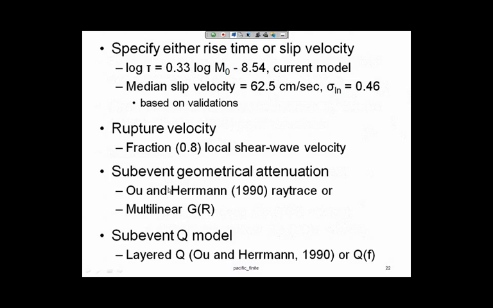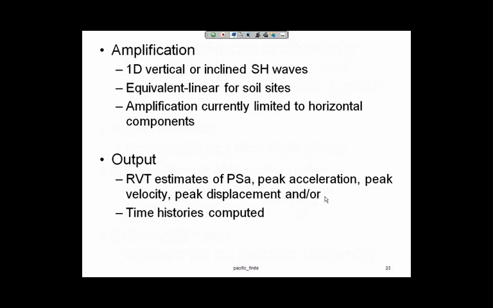Geometric spreading and attenuation use Atkinson and Hermann's, and for sub-events they use layered Q or frequency-dependent Q. The geometric spreading is from ray tracing. Amplification is 1D vertical or inclined SH, and they have equivalent linear for soil, but also have non-linearity built into the process.